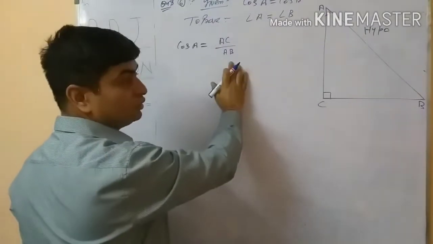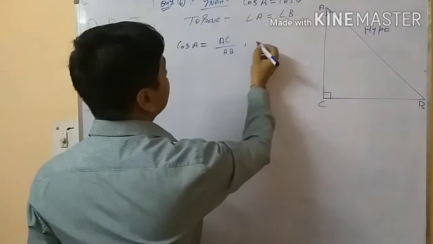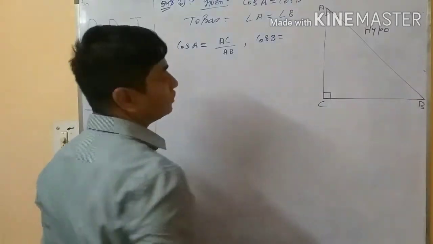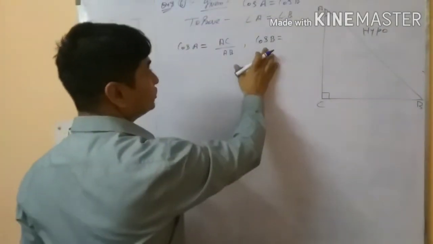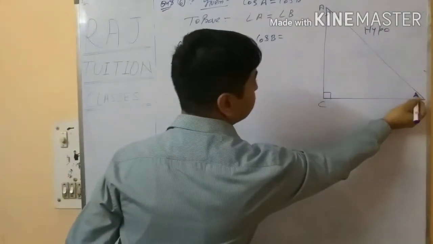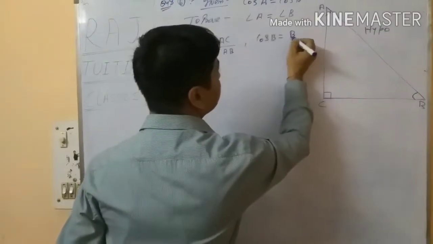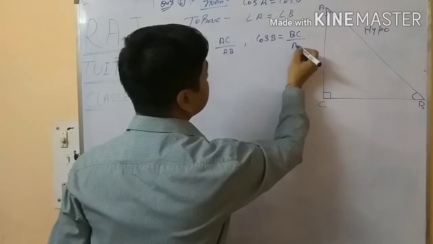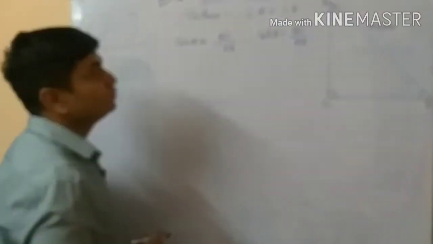This is AC upon AB. And also find cos B. Now for cos B, the side adjacent to angle B will be BC upon hypotenuse, again AB. So BC upon AB.